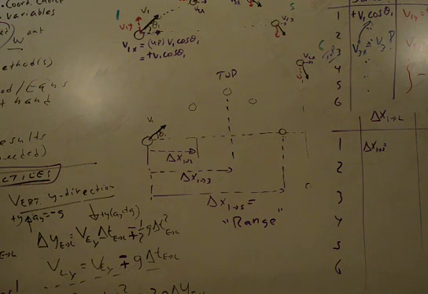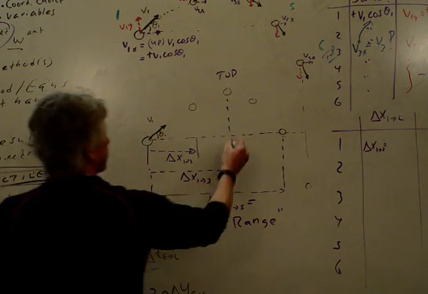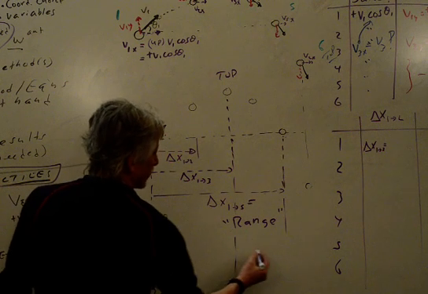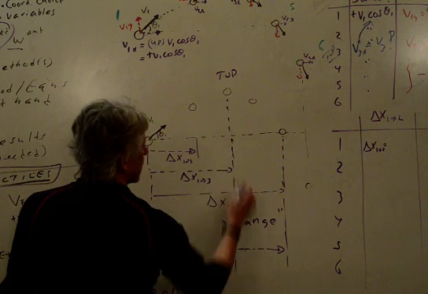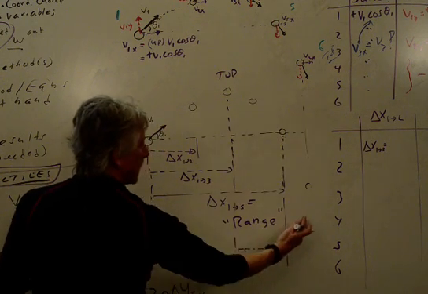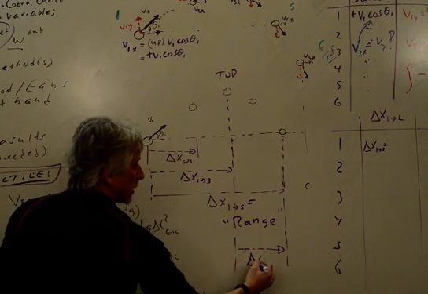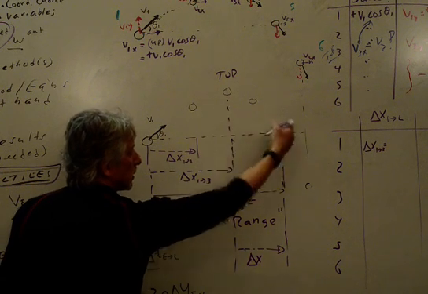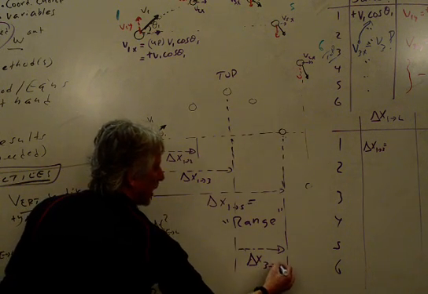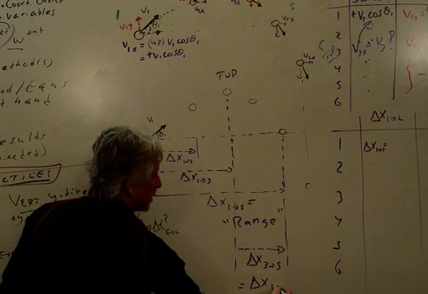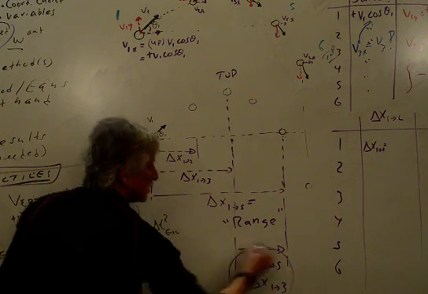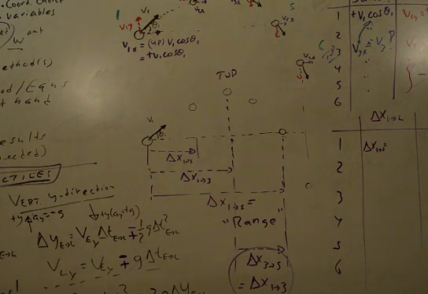Okay, now also, by the way, you could do, what's this? What's here to here? Delta x 3 to 5, which is equal to what? Delta x 1 to 3. Right?